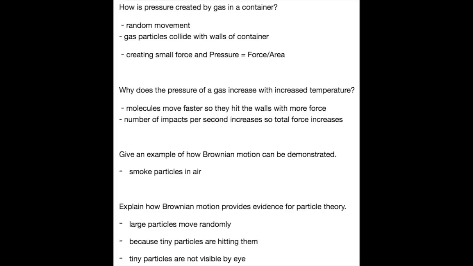In order to convert between the two, to get from Kelvin to degrees Celsius, you want to add 273. And to get from degrees Celsius to Kelvin, you want to minus 273. So let's take an example, 20 degrees Celsius. What is that in Kelvin? It is 293 Kelvin because we've added 273.